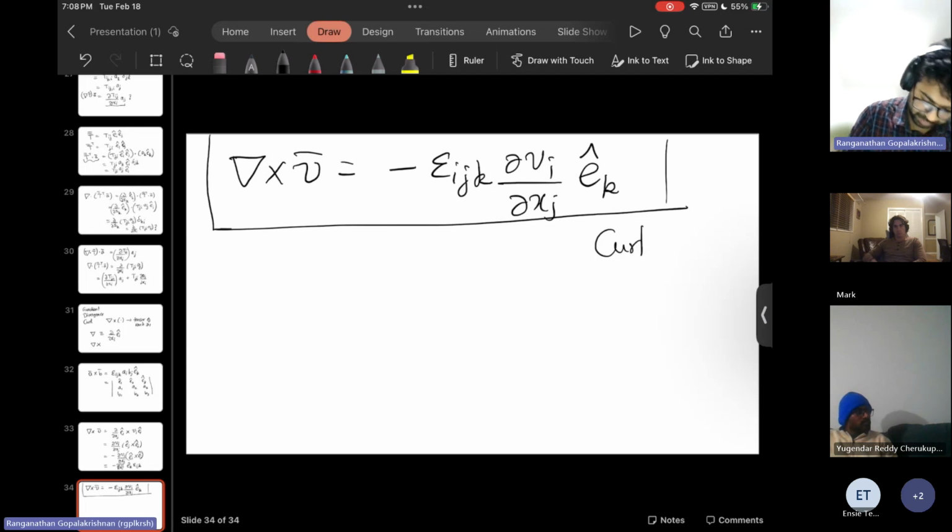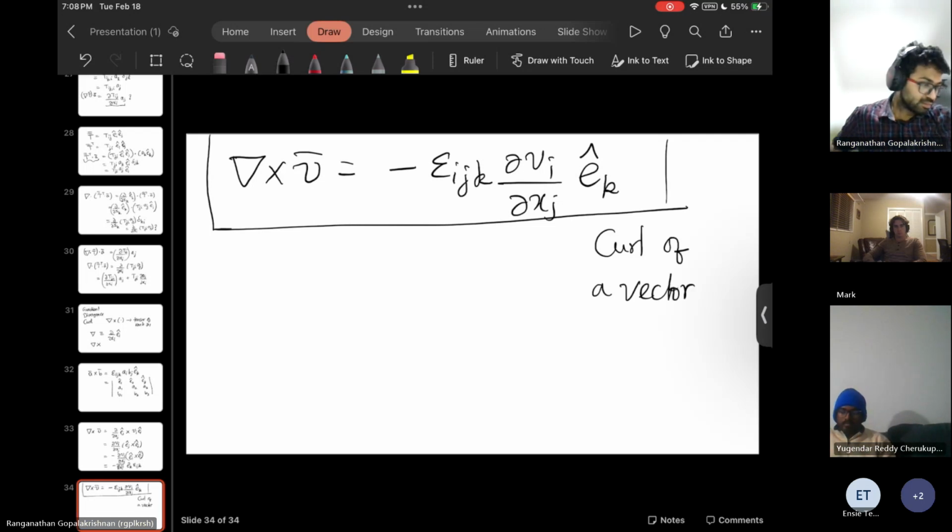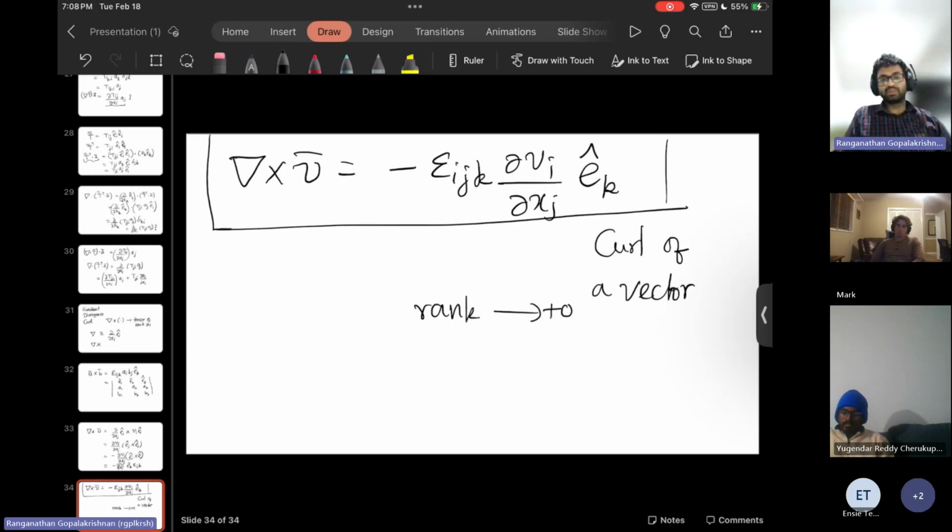Curl operator. Curl of a vector. Unlike the other two, the rank doesn't change. It stays the same. You get the curl of a vector also to be a vector.